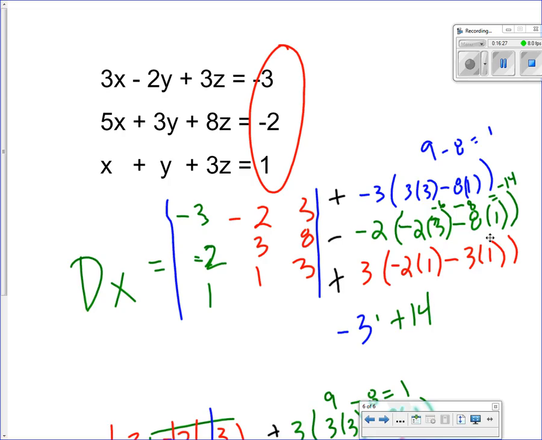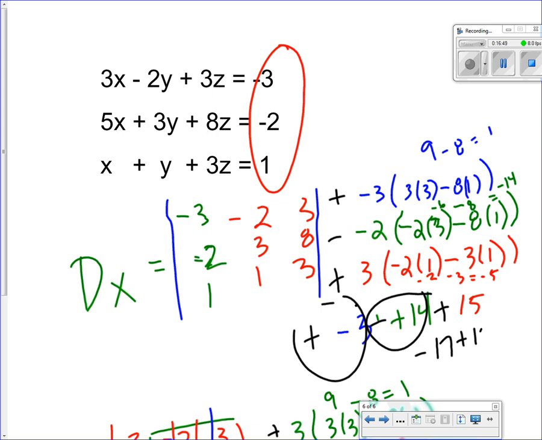And then in red we have -2 minus 3, which is -5 times 3. That's 15. And then alternating, plus, minus, plus. Okay, so we have -3 minus +14. That's -17. Plus 15. That's -2.